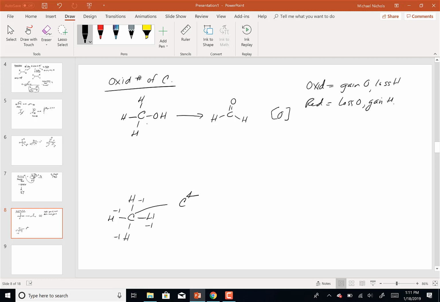For this carbon, we'll give you 30 seconds. Do we all have an answer?